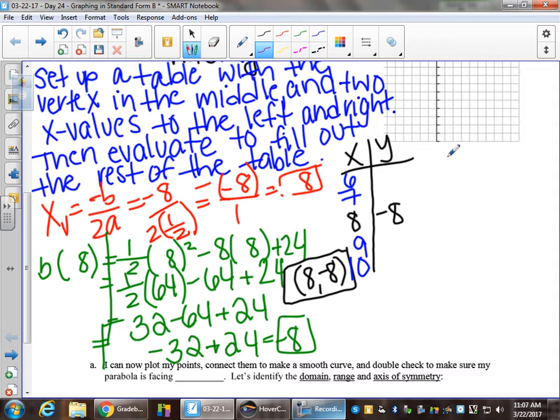What x value would you guys like to plug in first? We could do 6 and 9, so let's do 6 first.